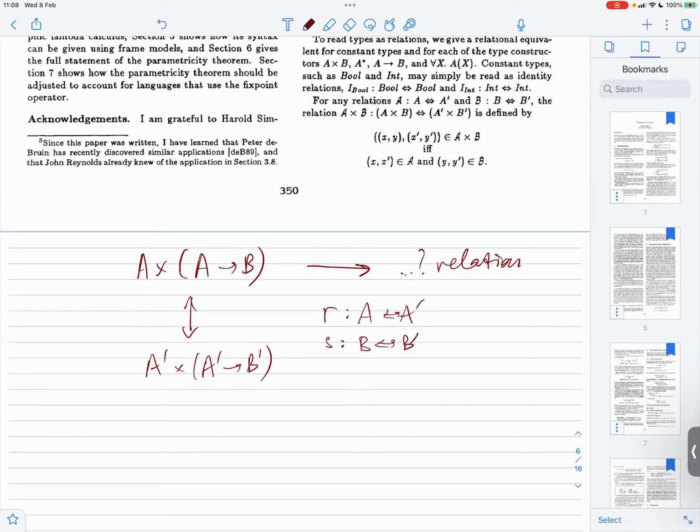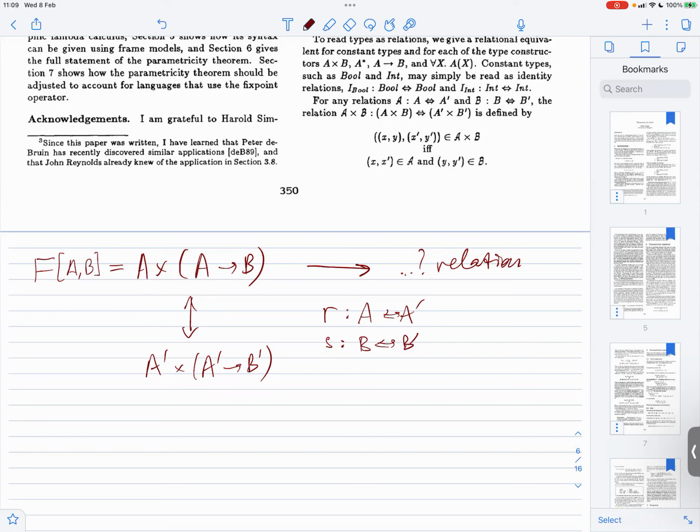And then, only then, I can talk about what relation this is. Now, this detail, at first you need to do this. You need to introduce new relations for each free type parameter. This is not written here in the paper. So I explained that in my tutorial, that actually you have to think about this as a type constructor, f of a, b.